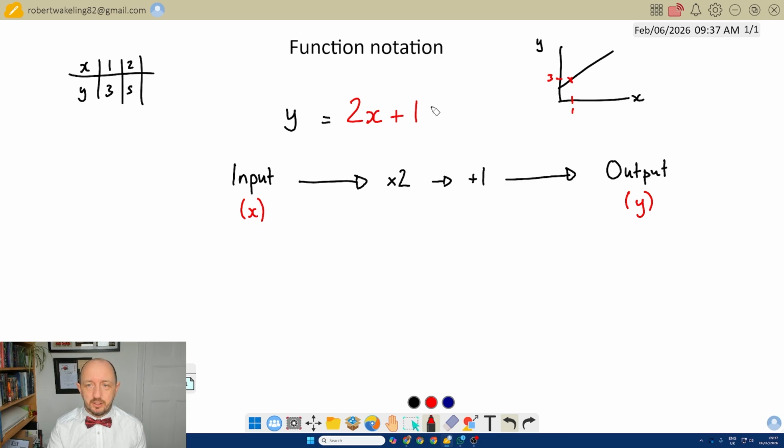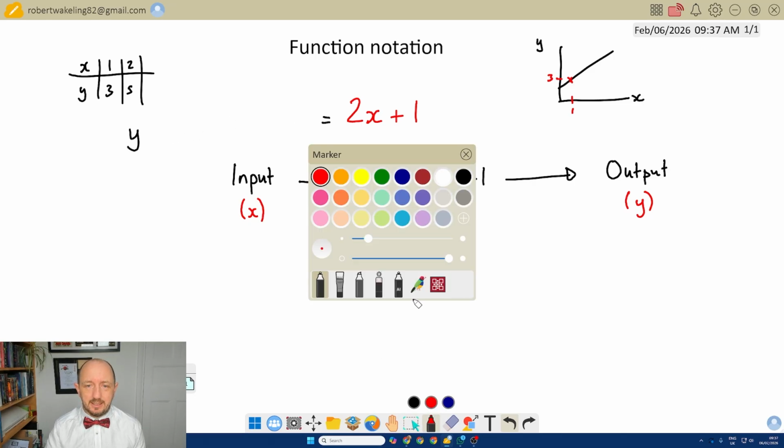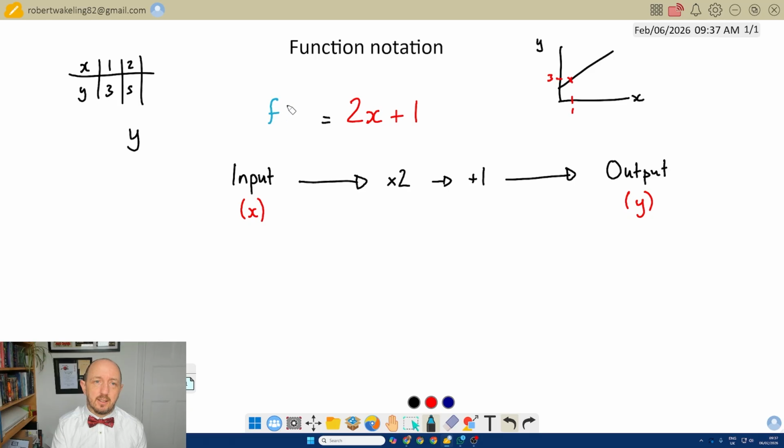With function notation, all we have to do is take the y out and replace it with f brackets x, which we shorthand to f of x. F of x is how we say this. F of x is just another way of saying y.